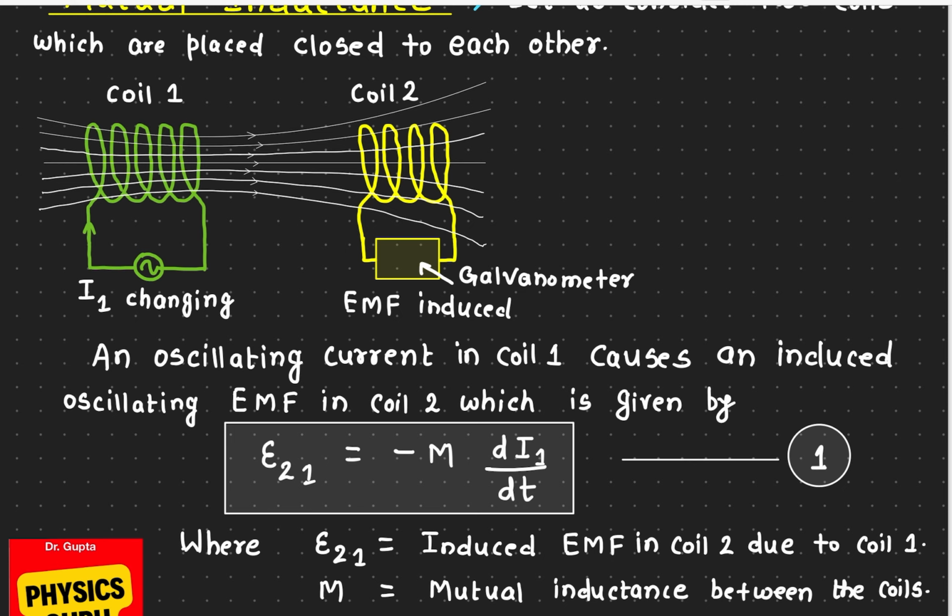Or if the magnetic field in this one is decreasing, then the induced current in this circuit will be in such a way that it will try to increase the magnetic field. So in all cases it will oppose the changes. And do not forget to watch my Faraday's law video and the Lenz's law video to understand the meaning of this negative sign in detail.